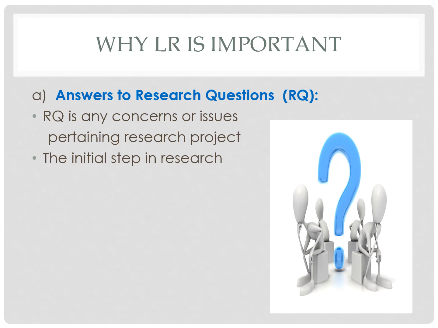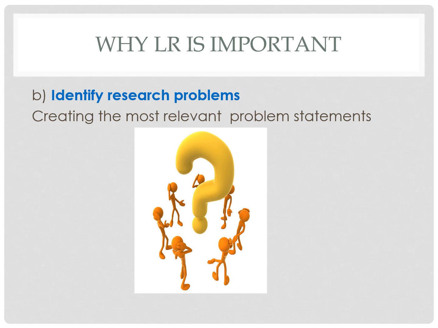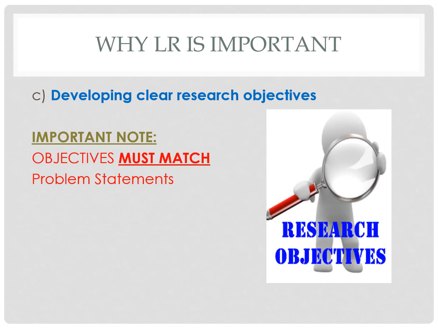Research question is any concerns of issues pertaining your research project that arises in the beginning of your research project. It helps you to identify the most relevant problem statement for your studies. Hence, developing a clear objective.